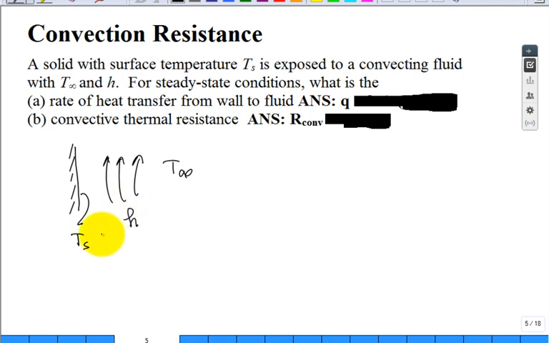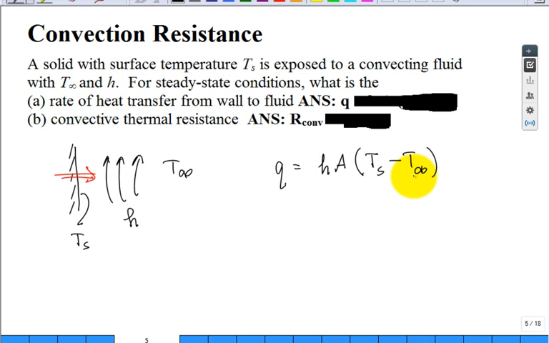All right, let's write down our law of cooling. Wasn't it Q is equal to hA, the high surface temperature, if the flow of heat is in that direction? It doesn't have to be, but I like to always think about high surface temperature and colder fluid. Ts, the hot surface, minus T infinity, the cold fluid.